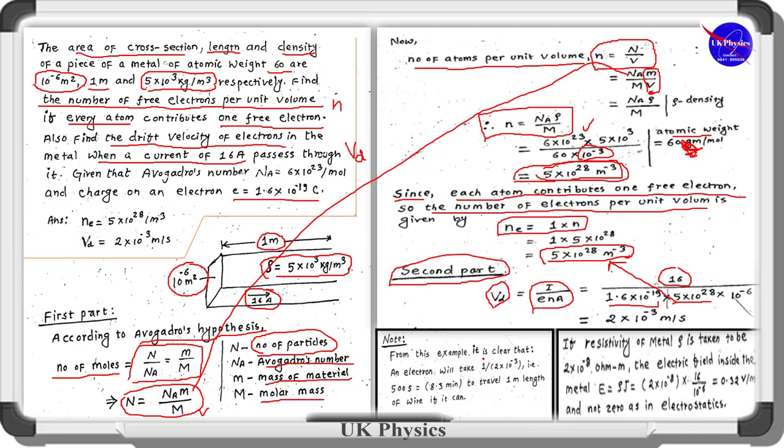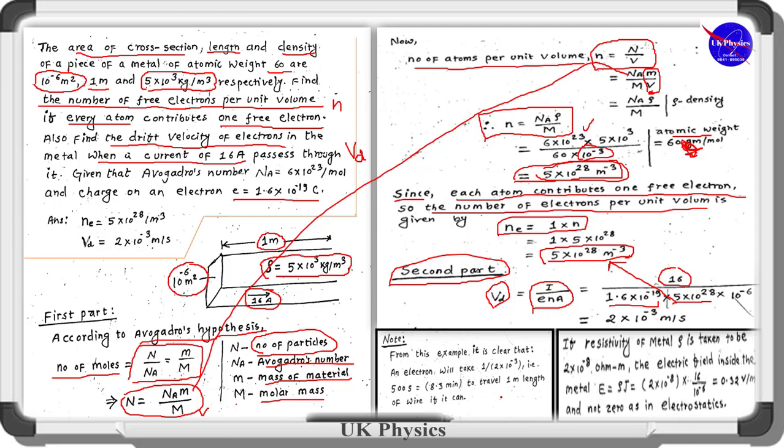I suppose it is 1 meter in length. So distance upon velocity, obviously it gives time, which is equal to 500 second. That means almost equal to 8.3 minutes. So the electron just takes 8.3 minutes to travel 1 meter length of wire.